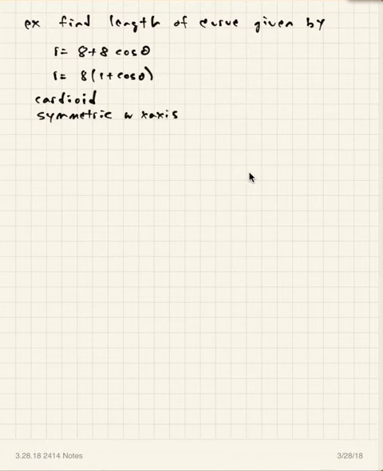All right, so this cardioid, we're not going to draw out to scale because of the 8. It's pretty big out there, but this cardioid comes out here when theta is 0, at 16, 0. And then when theta is pi over 2, r would be 8, and so that would be 8 on our scale right here.